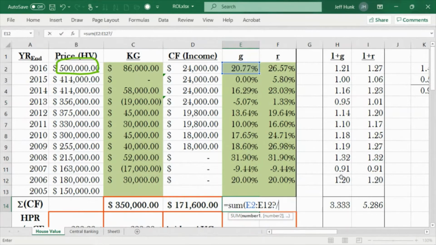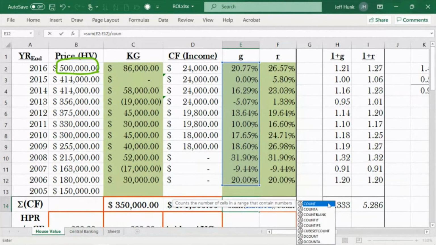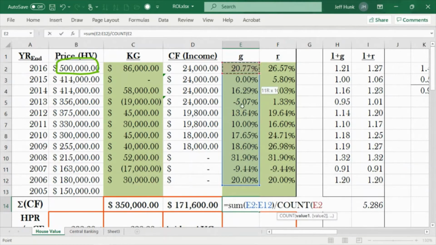You might think divided by 10, wouldn't that be 10? Let me just make sure. That should be 11.